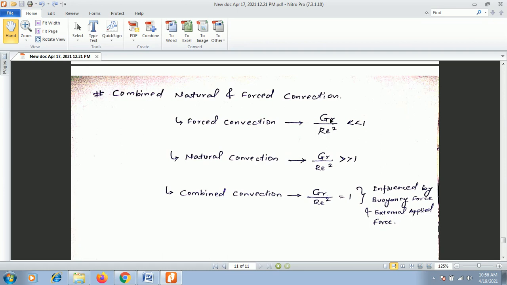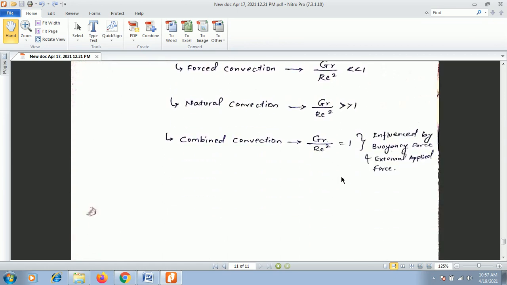Therefore this factor Gr upon Re squared will be less than 1. So at that time we consider it to be forced convection. When Gr upon Re square is greater than 1, we consider it to be natural convection. When Gr upon Re square is equal to 1, we consider it to be combined convection, and it is influenced by both the buoyancy force and the externally applied force.